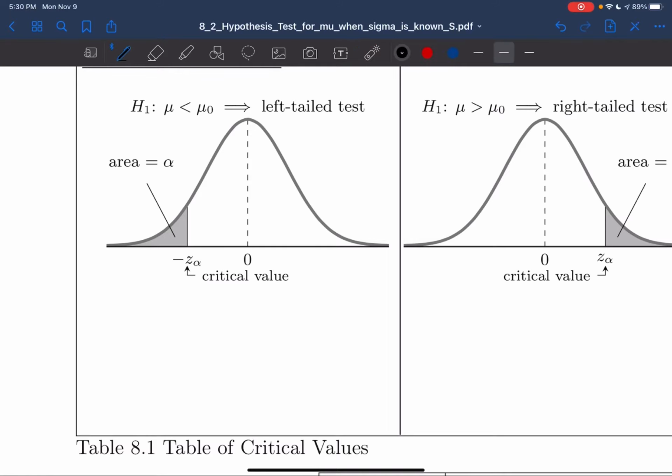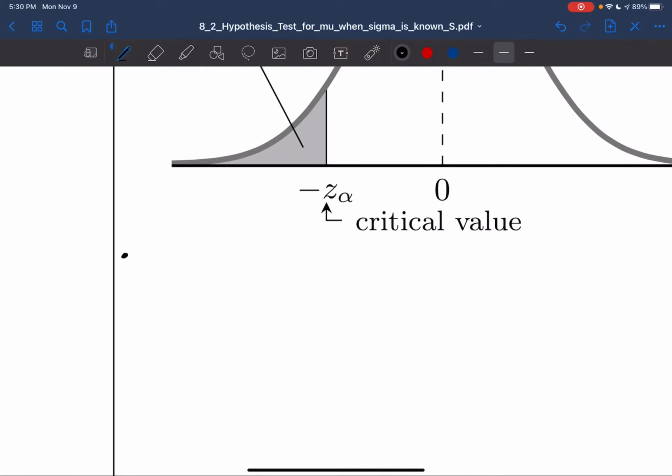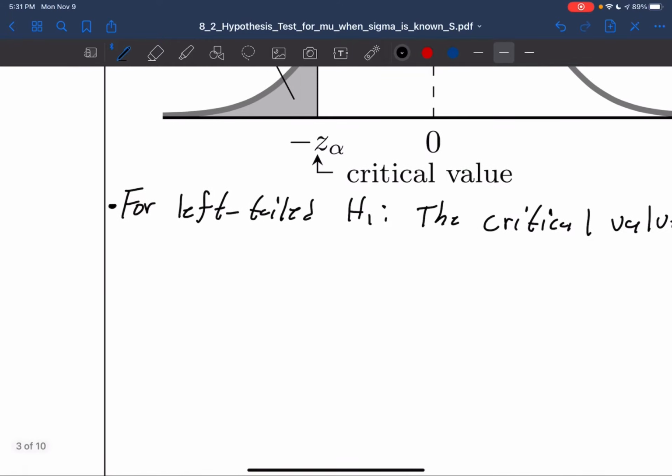So let me just write a couple things down. For a left tail test, the critical value is negative z of alpha.